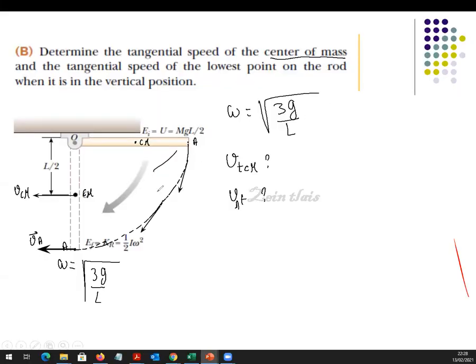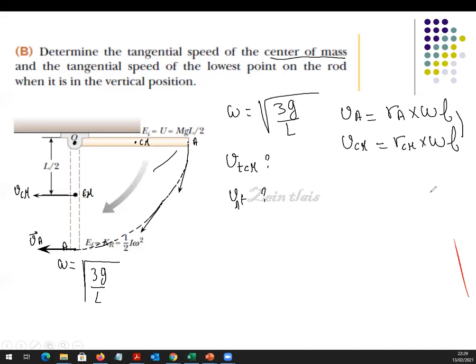Okay, let's take first of all VA. VA has a trajectory around the axis at the point O. You know, VA equals RA times omega final, and V of the center of mass equals R of the center of mass times omega final.